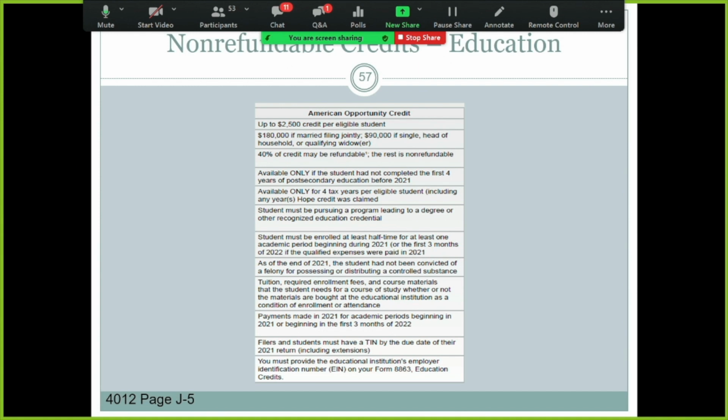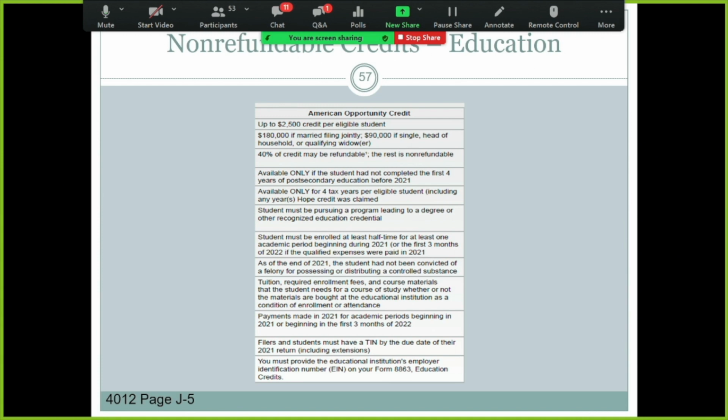Students must be enrolled at least half-time for at least one academic period during 2021 or for the first 3 months of 2022 if the qualifying expenses were paid in 2021. As of the end of 2021, the student had not been convicted of a felony for possessing or distributing a controlled substance.